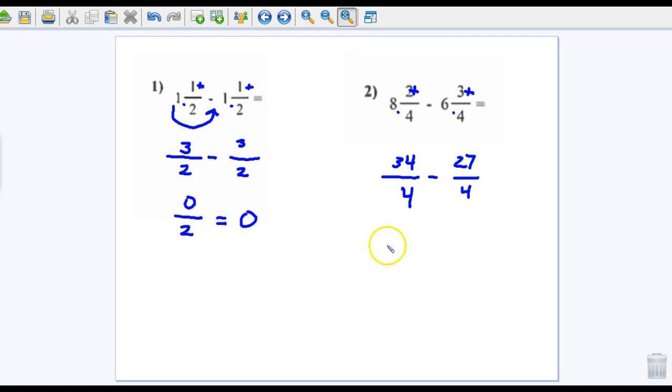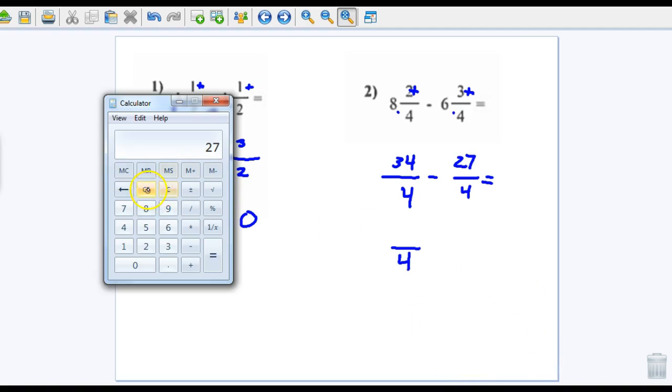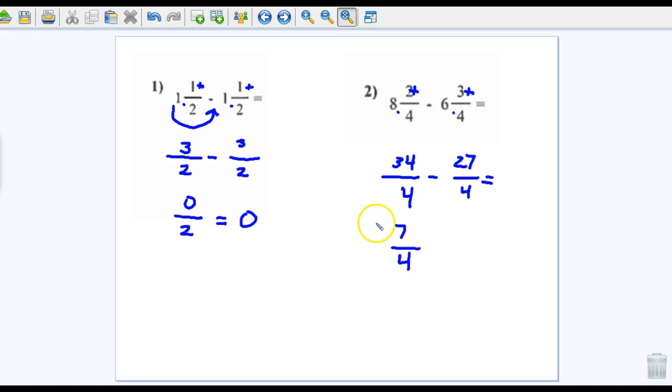So now I know that my final answer is going to be over 4. Right? So I'm going to take my calculator just to make it easier on me. I'm going to say 34 minus 27. 34 minus 27 gives me 7. So my answer is going to stay as a fraction, 7 over 4. Pretty simple, right?